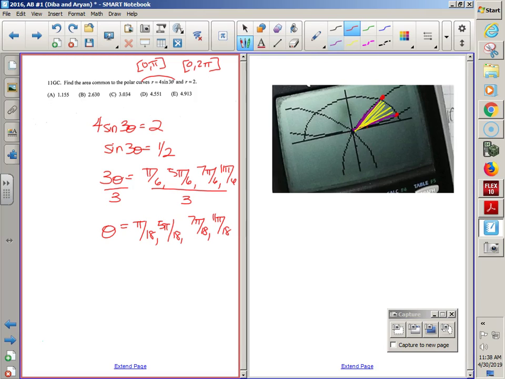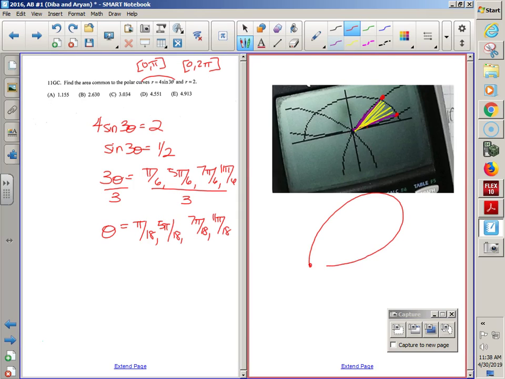So right now, kiddos, I am finding the intersections between my 3-petaled rose and my circle, literally using trig. And I know it's hard, but if I was to zoom in on, once again, this petal and make it so accentuated that you guys can tell exactly what's going on, and then this circle from the origin. If I was to draw those radiuses like I was showing you, the radius to the rose literally goes and hits from the pole out to the rose up until this intersection point.